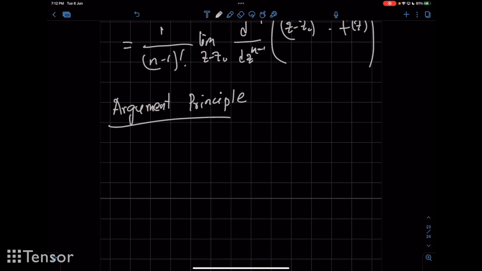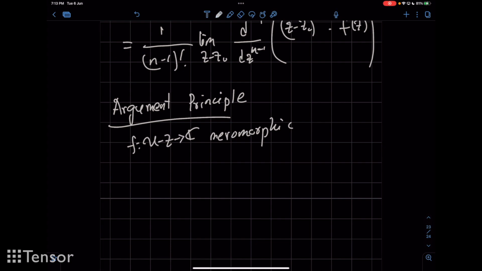So the argument principle says that suppose I have a meromorphic function. Oh, this is not a good notation because f is not defined on the whole of U. f is defined on U minus a discrete set.